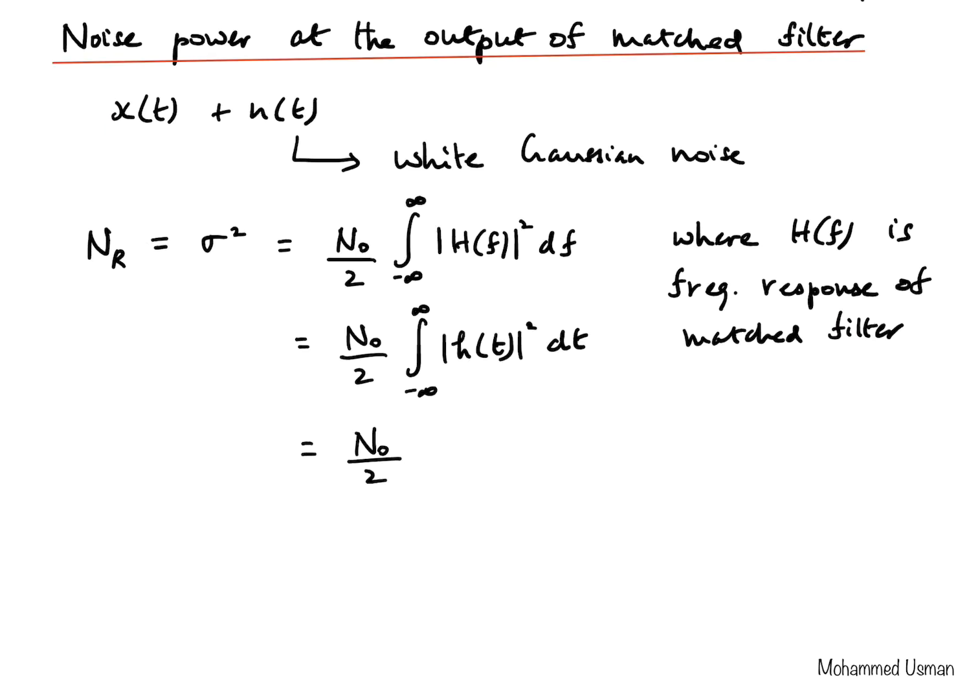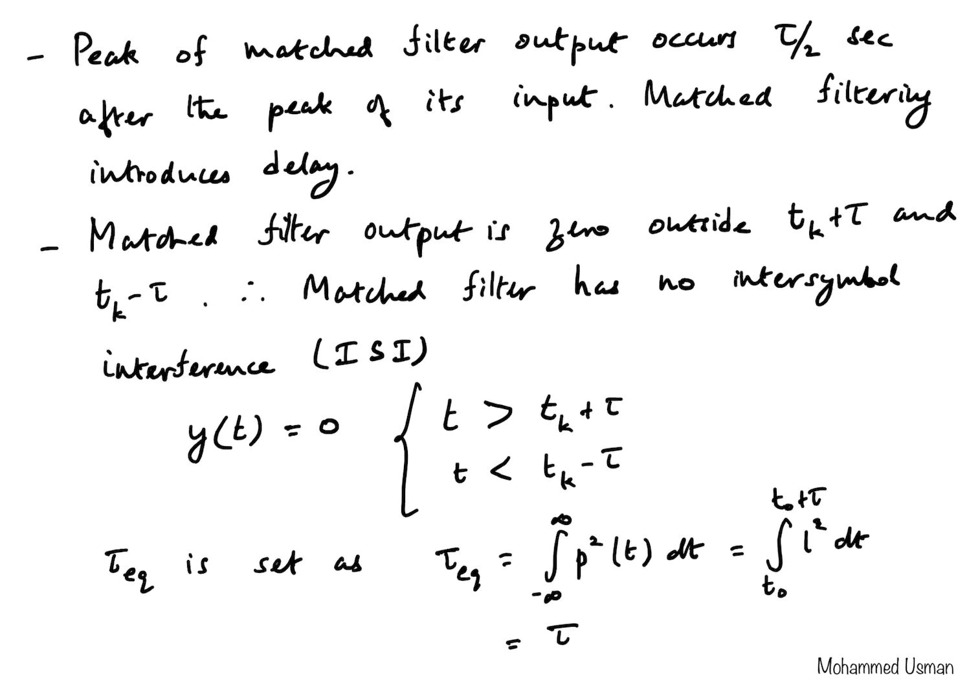So N naught by 2, we have 1 by tau equivalent as the scaling factor, and integral h square of t is nothing but integral p square of t from minus infinity to infinity, which is the tau equivalent we had here, the energy of the pulse.